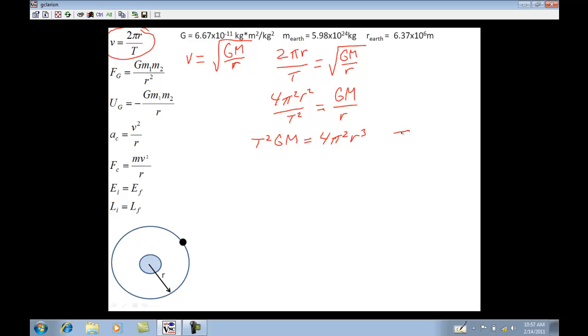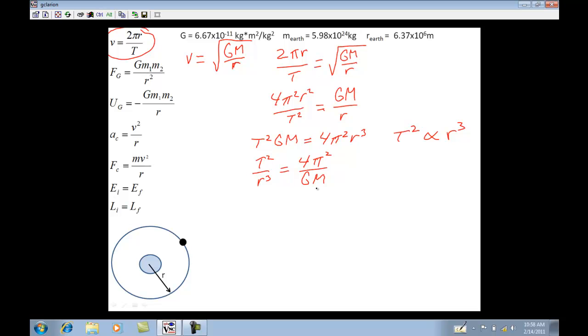It says that the period squared is proportional to the radius cubed. And look again, if I put T squared over R cubed, and this is going to come out to be pretty important later on, I get 4 pi squared over GM.